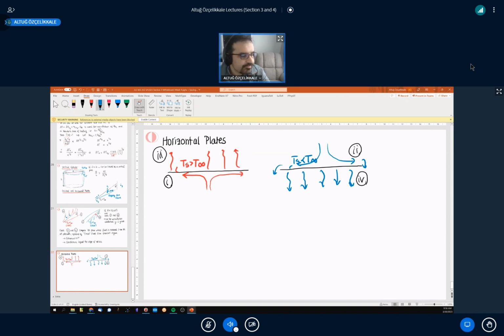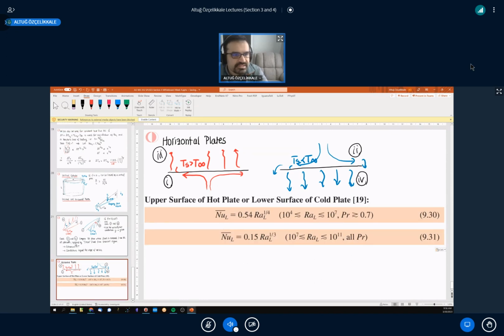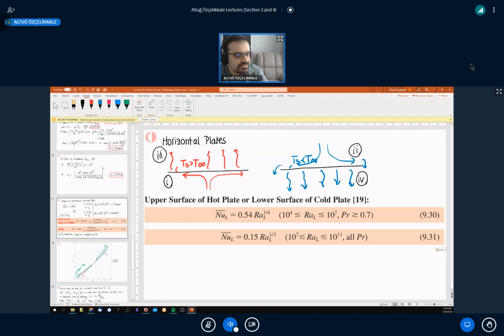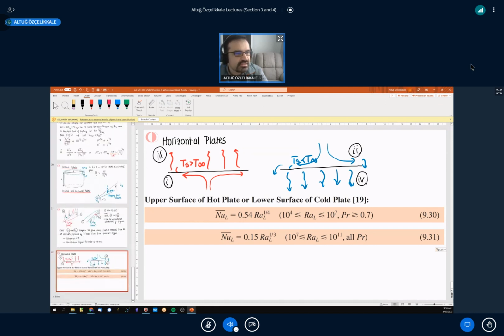Okay. So for the upper surface of the hot plate and lower surface of the cold plate, these are where we are going to have enhanced heat transfer. We are going to have these correlations. All of them are in the form of what we described earlier as C times Rayleigh number raised to some exponent, as you have seen.